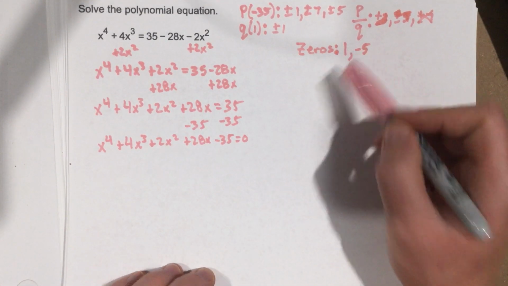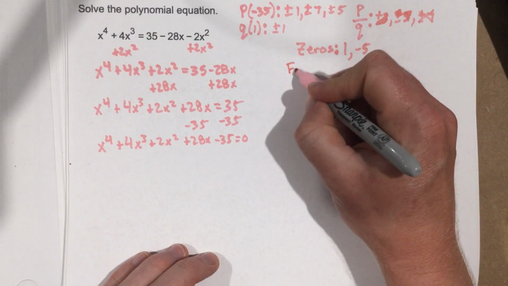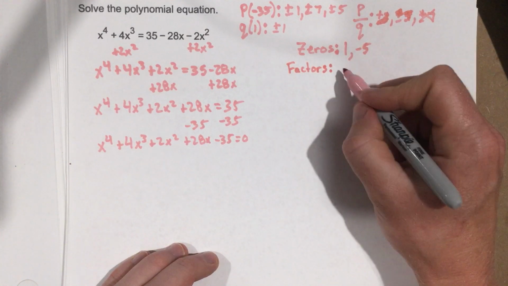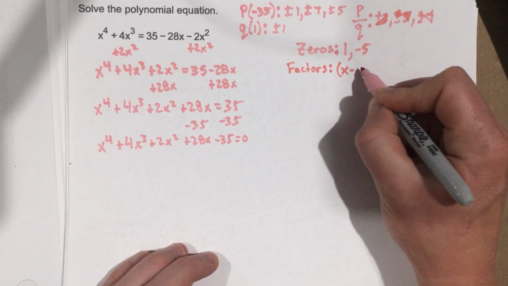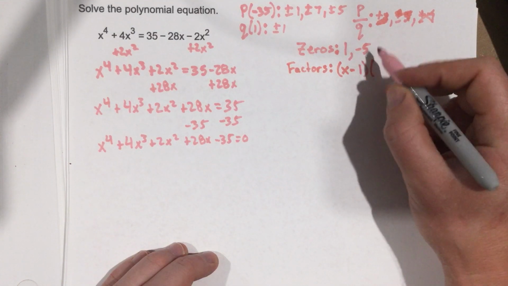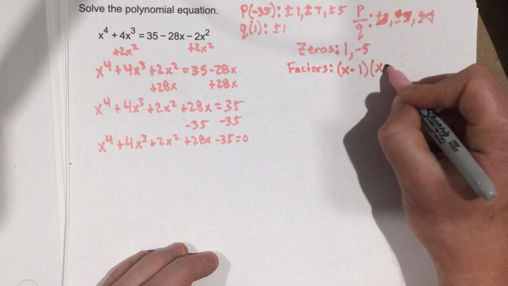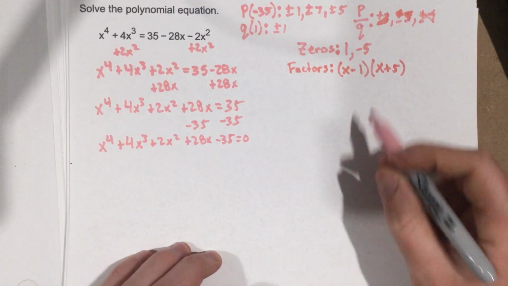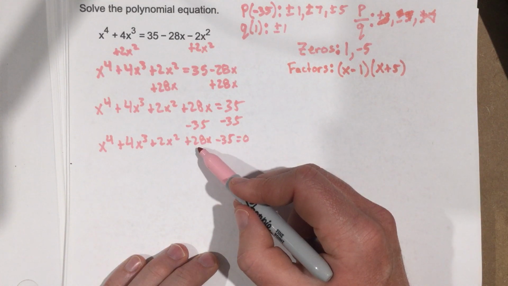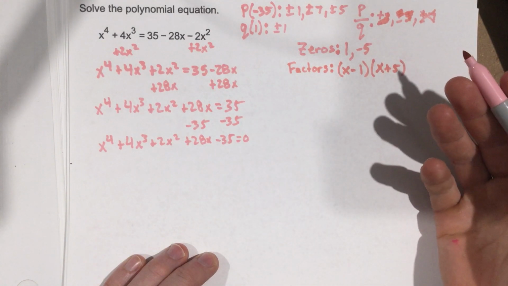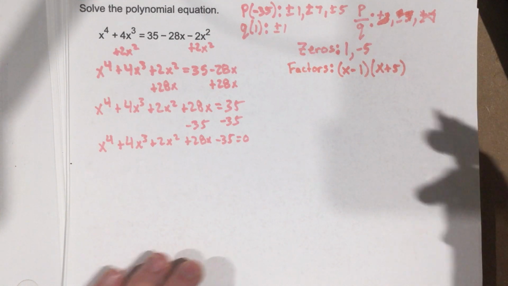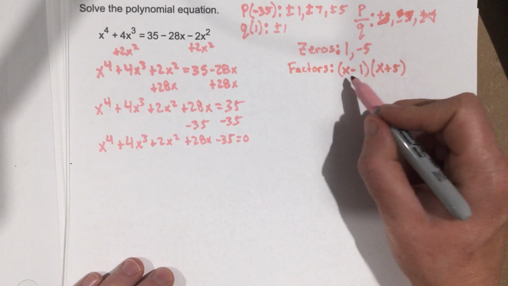So if these are the zeros, let's write out what the factors are. Remember, x minus k, so x minus 1 is a factor, and x minus -5 is a factor, which is x plus 5. Now, I'm going to multiply these together so I can do some long division here, and then we'll find the other factor that we can set equal to 0, probably using the quadratic equation or something to find the other 2 zeros.